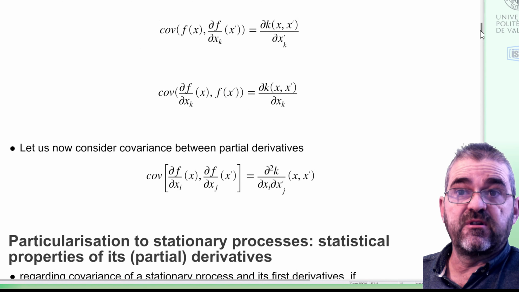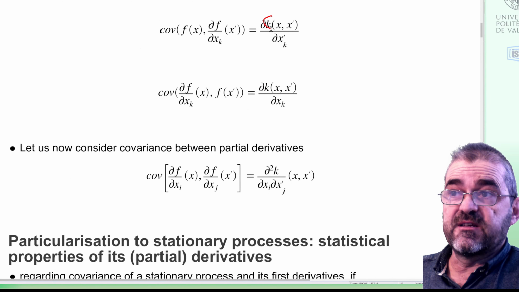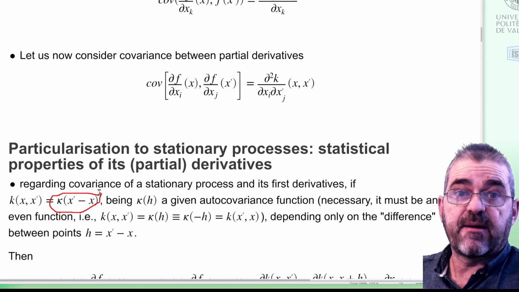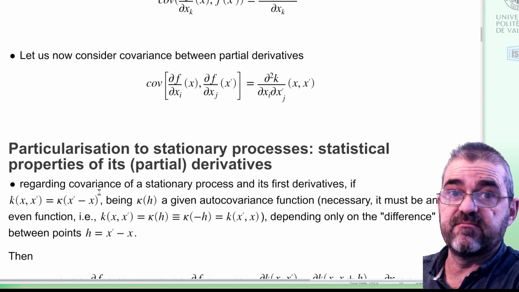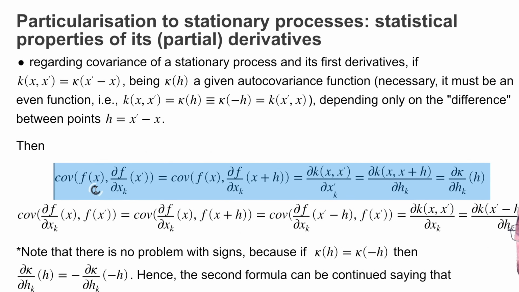Everything I explained up to now is basically a summary of previous content. The only thing we need is replacing in these expressions k by this kappa here and see what we get. So let's do it. If we see this, the covariance of f at x and f at x prime, kth derivative, well, we replace x prime by x plus h, and so this is what we had above, the partial derivative with respect to the kth component of the second argument.